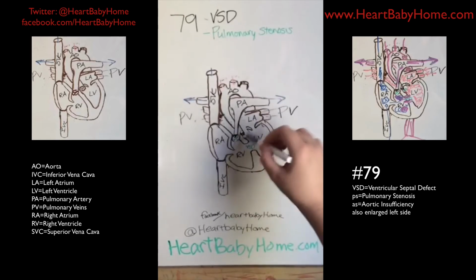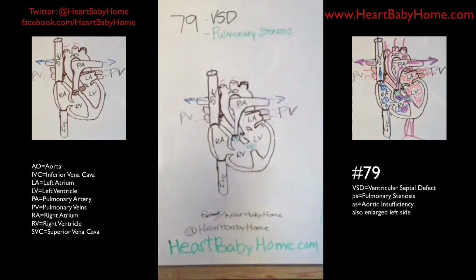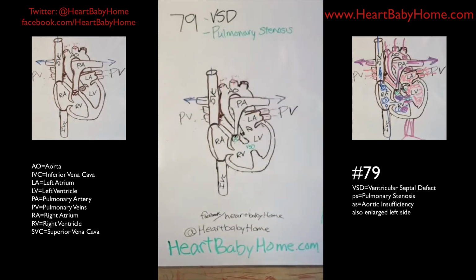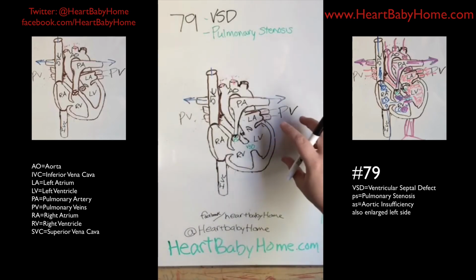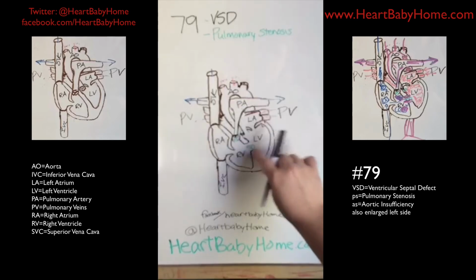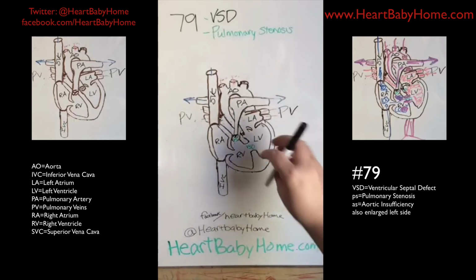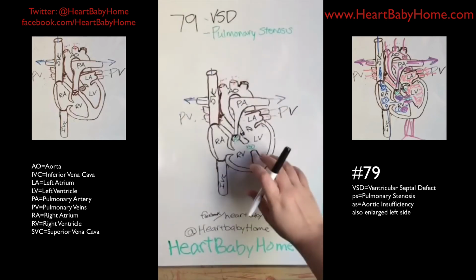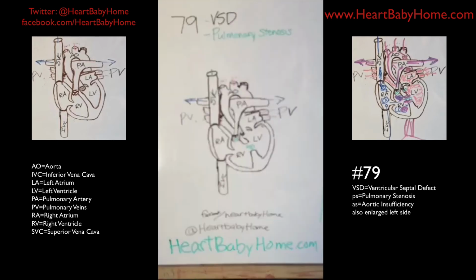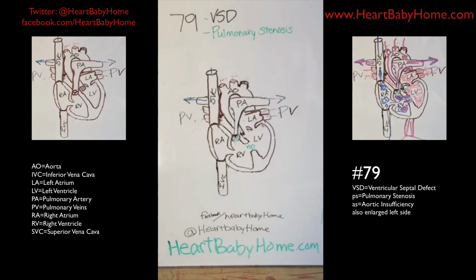So those are smaller than they should be, so it's harder to get the blood out of the heart. And also you have more blood in the ventricles than normal at one time, and so that can cause the left side of the heart to enlarge.